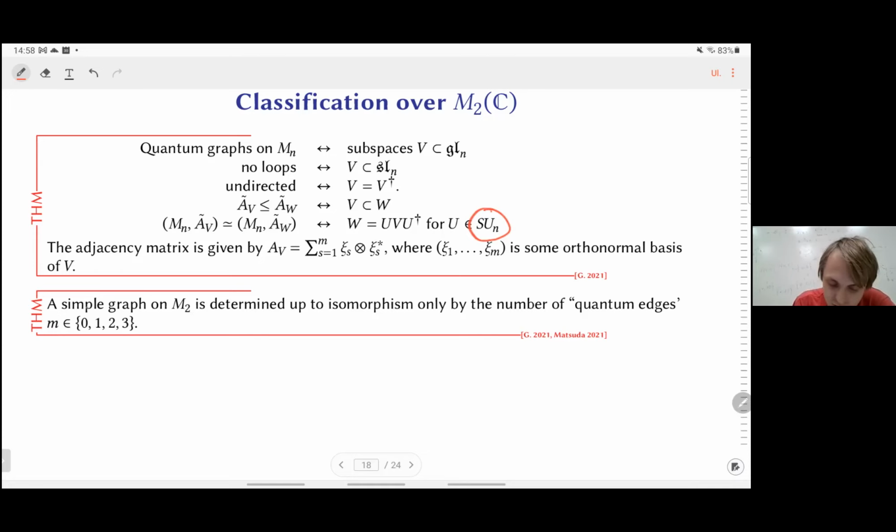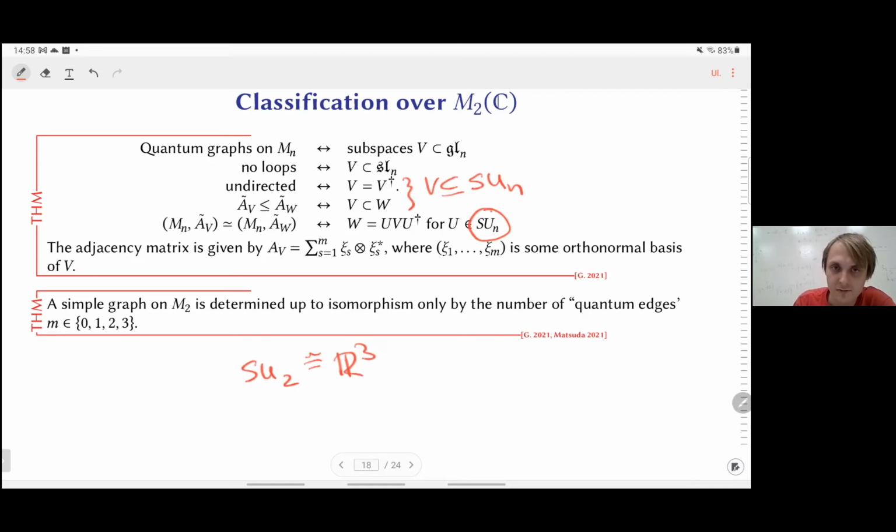Basically, the simple graphs are given by some vector subspaces of the Lie algebra SUN, and in case of n equals 2, you have SU2, which is kind of like R3, right?